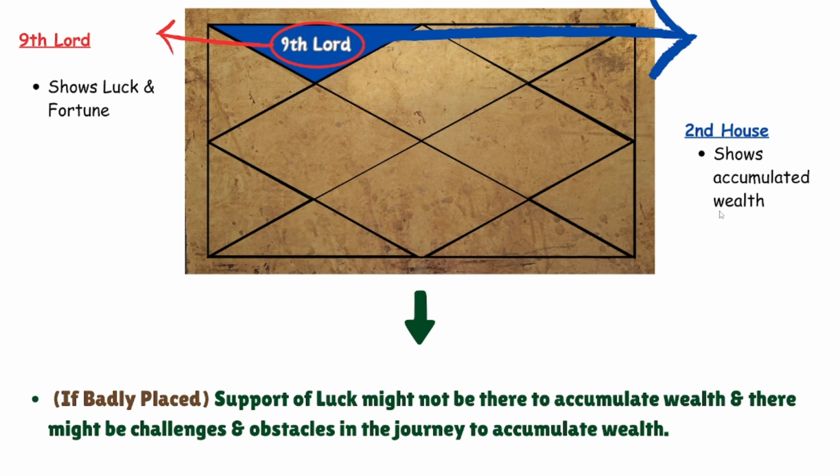Now, ninth lord shows luck and fortune, and second house shows accumulated wealth. Now, if this placement is badly placed, then support of luck might not be there to accumulate the wealth. Okay, and challenges and obstacles can come in the journey to hoard the wealth, because it is 6 places away.